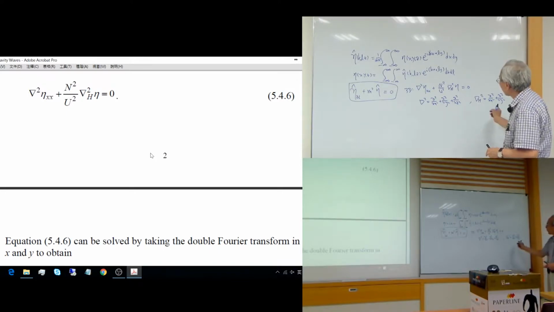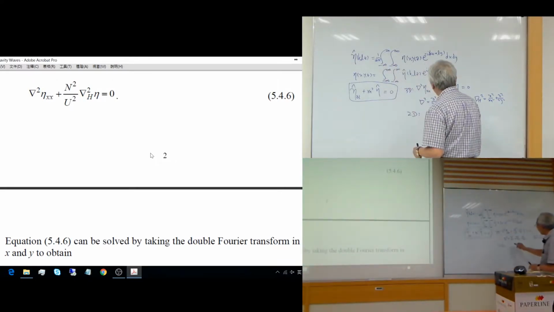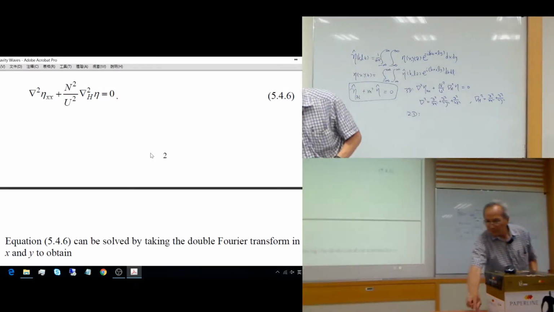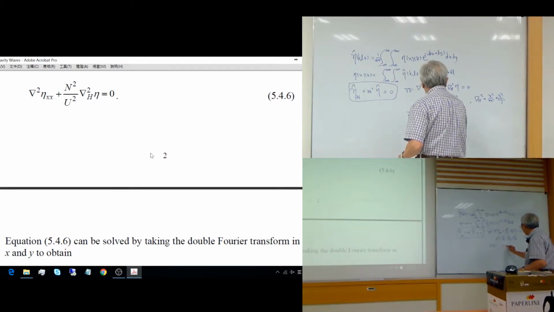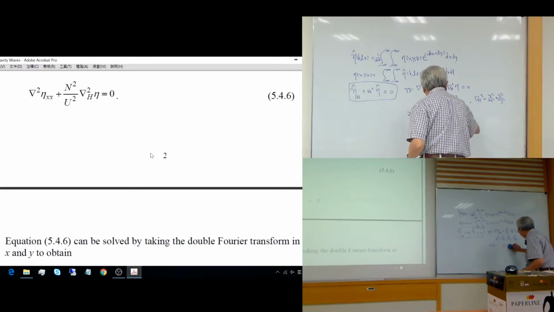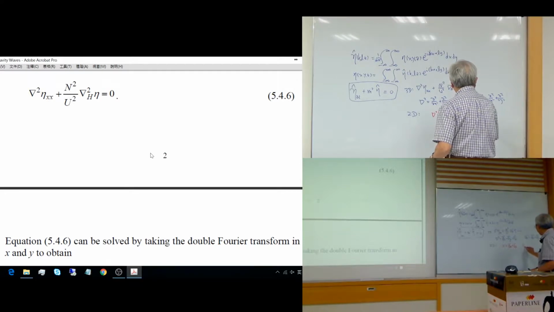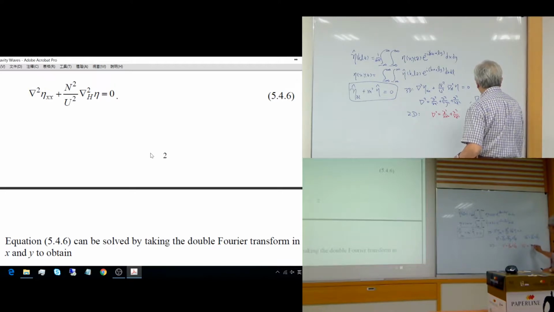And so once you have this, then for 2D, del squared will reduce to partial x squared plus partial g squared, and then del h squared will reduce to partial x squared.